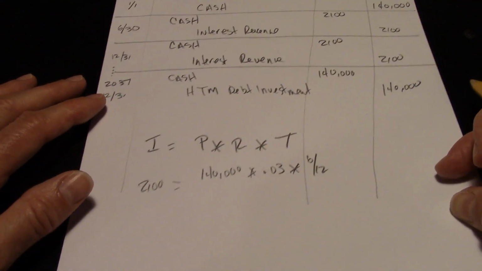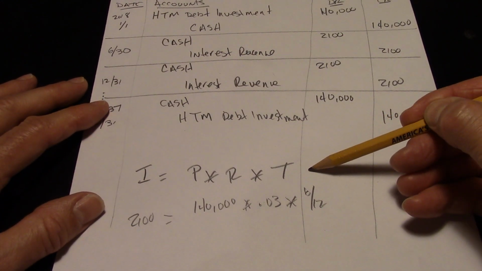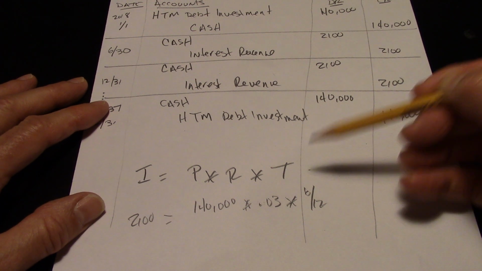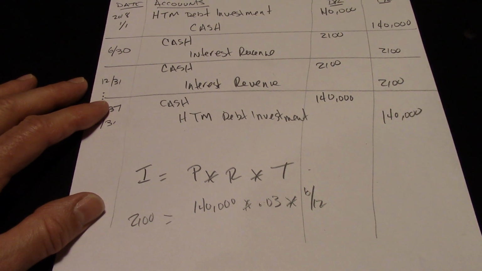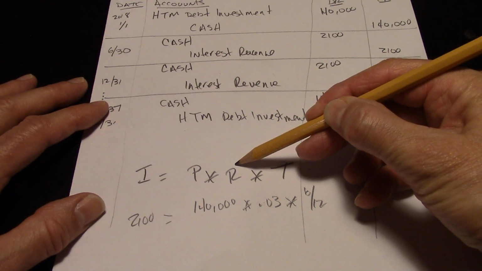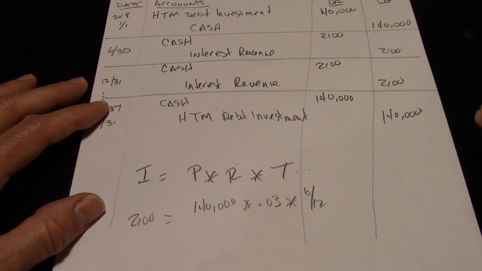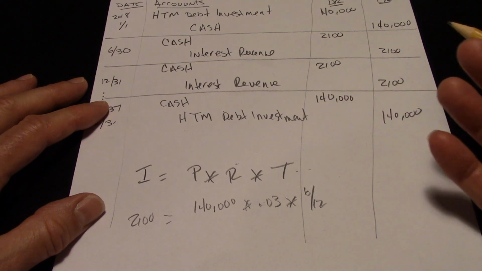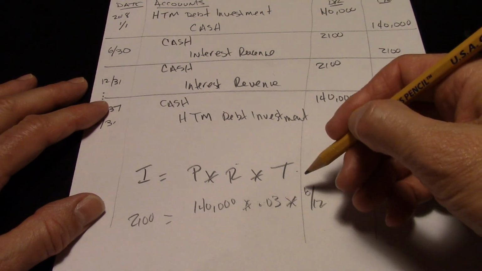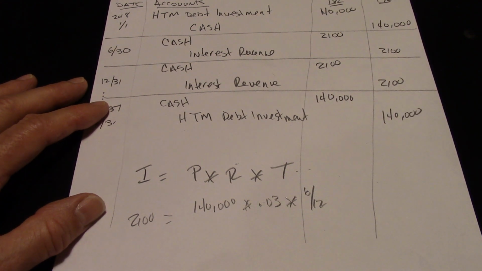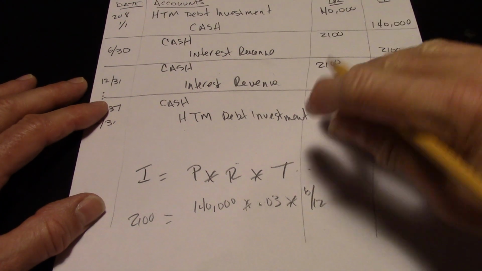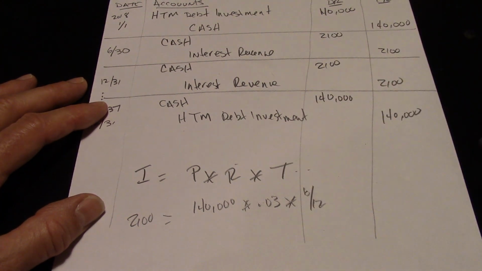I think the key to this is understanding how interest works, which we've already learned. I equals PRT. Remembering that the rate is always an annual rate, and time is however long they have it out. So if you had a bond that paid every 3 months, this could have been 3/12. Some bonds pay annually, so then you wouldn't even have to worry about it. It would just be times 3%. Anyway, that's it for problem E10-8.